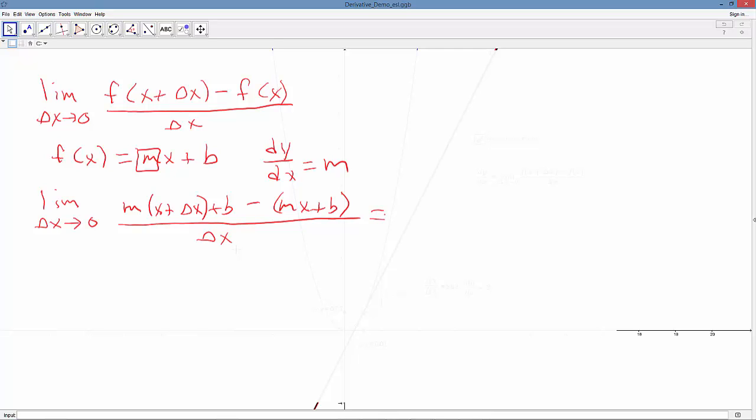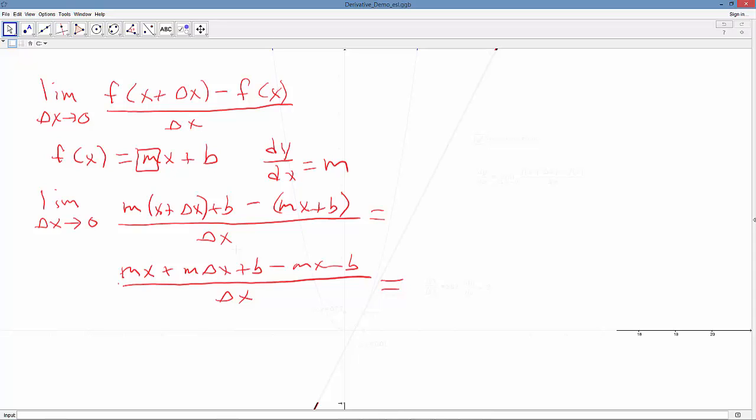So now we'll just do some simplification. We'll use the distributive law to get mx plus m delta x plus b minus mx minus b over delta x.